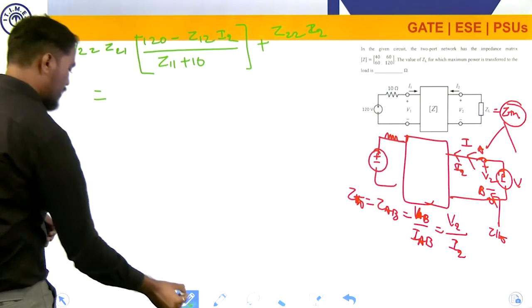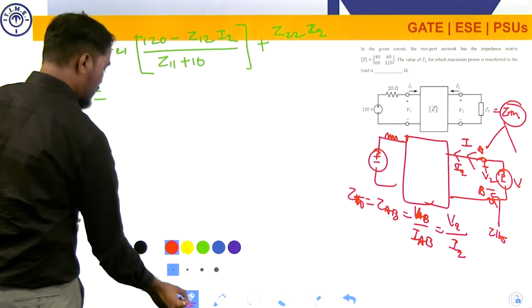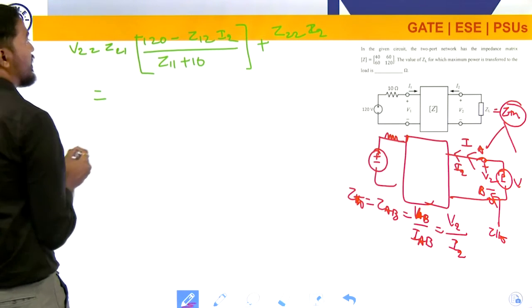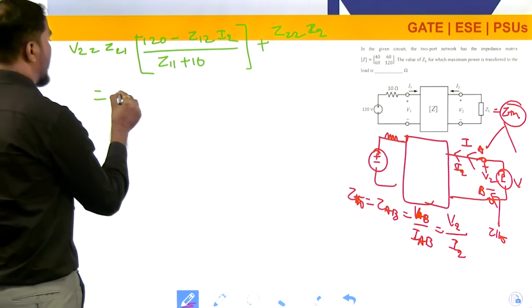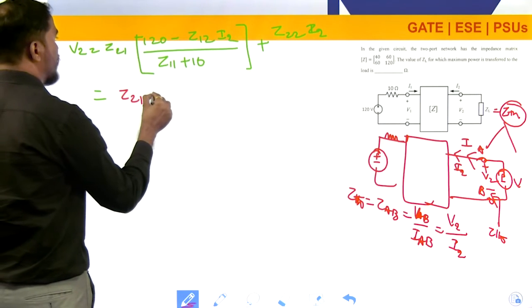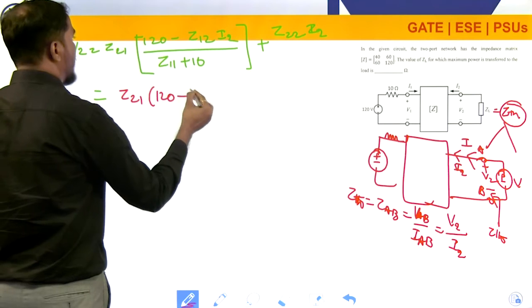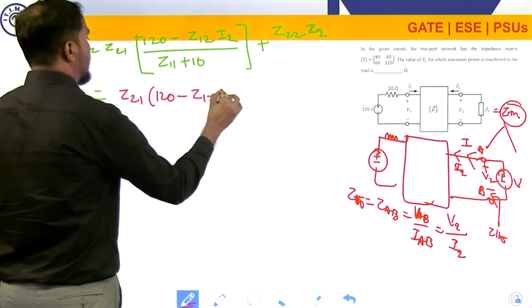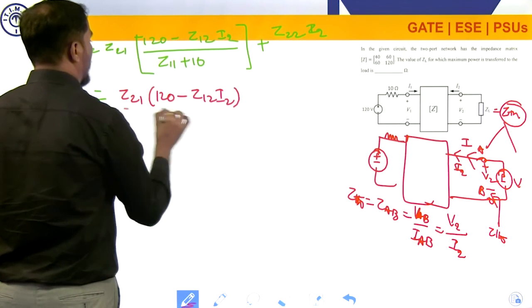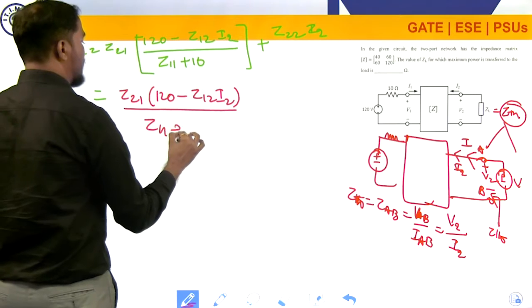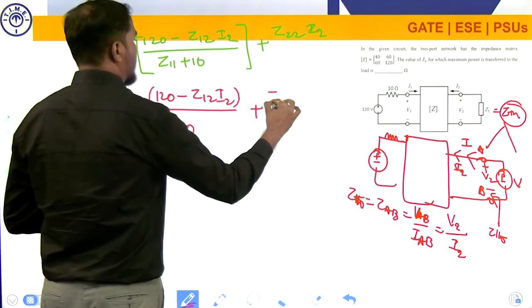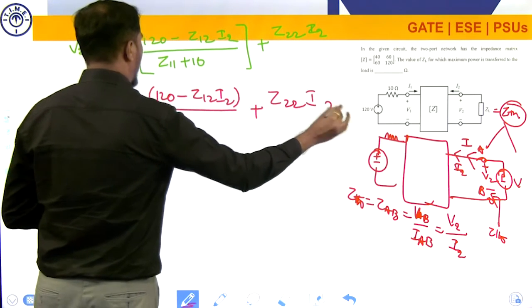Multiply it inside. So what are you going to get? Z21 into 120 minus Z12 I2, whole divided by Z11 plus 10, plus Z22 I2.